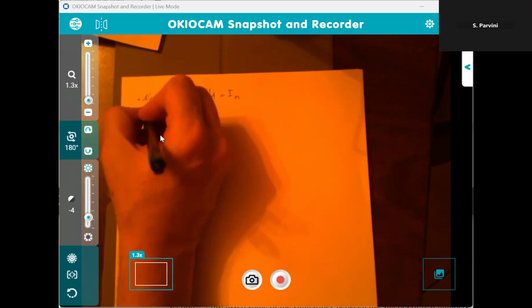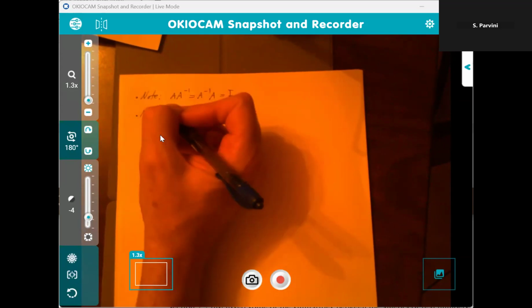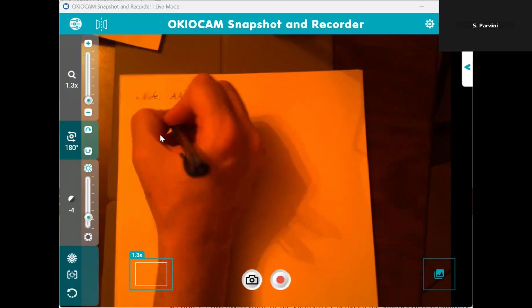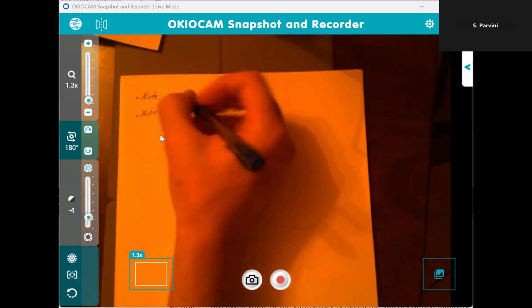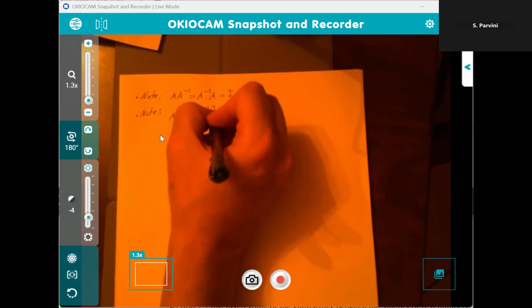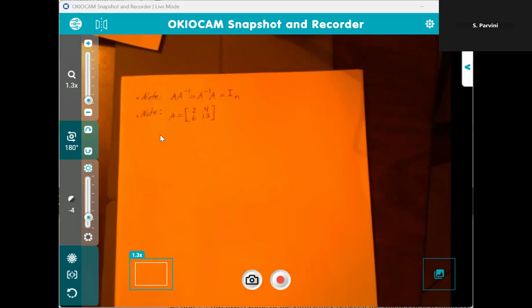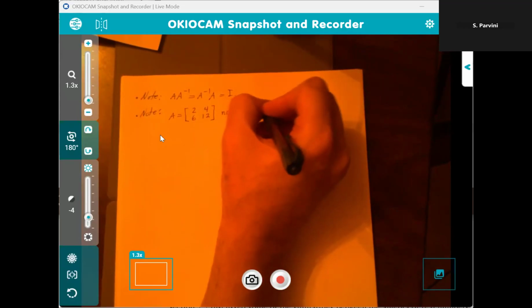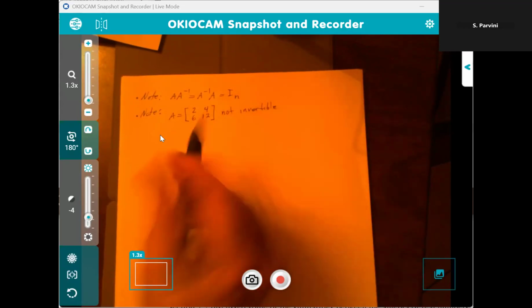Okay. Now, here's another note. I mentioned not every square matrix is invertible. So here's matrix A. This matrix 2, 4, 6, 12 that I made, this one is not invertible. And we'll see later on why it's not.